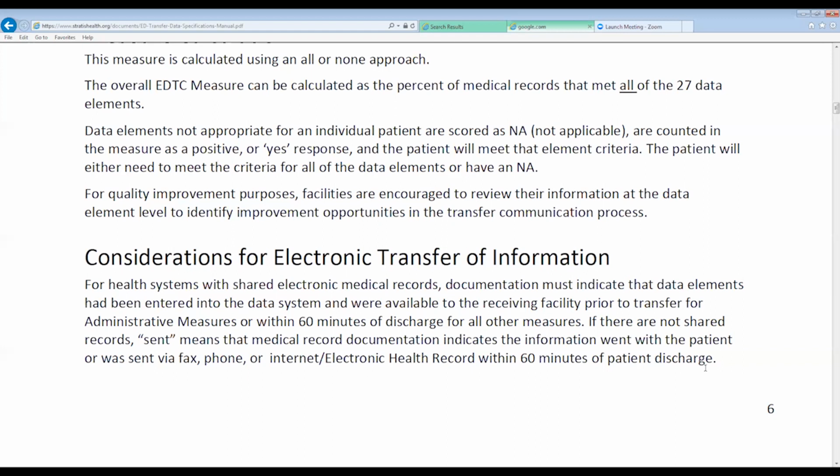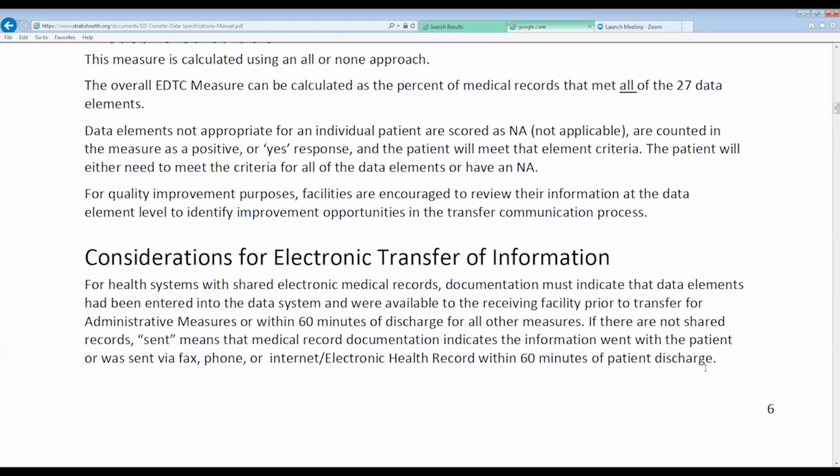I would be able to go back and see, okay, yep, that page has that on it. I could say yes. But you can't make broad statements of transfer packet, transfer form, anything like that, unless we know by the documentation that the data elements were on there.